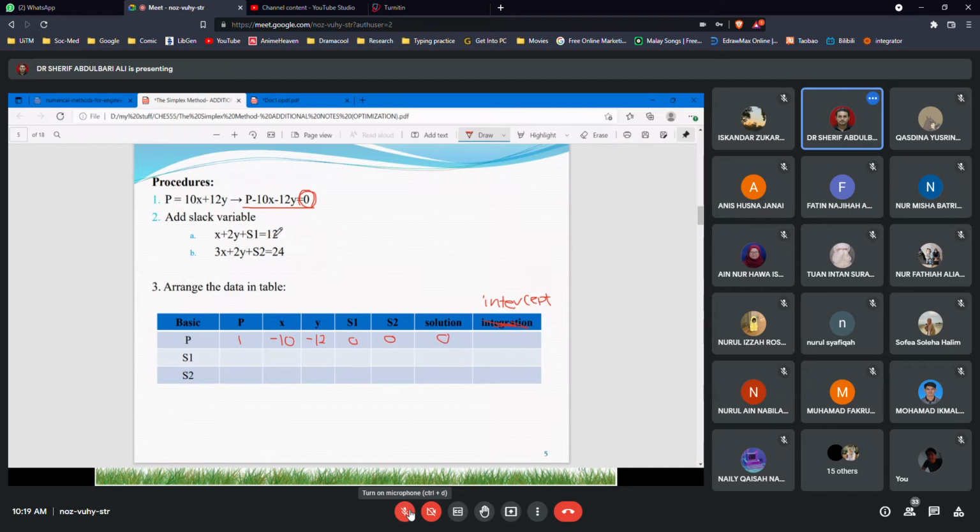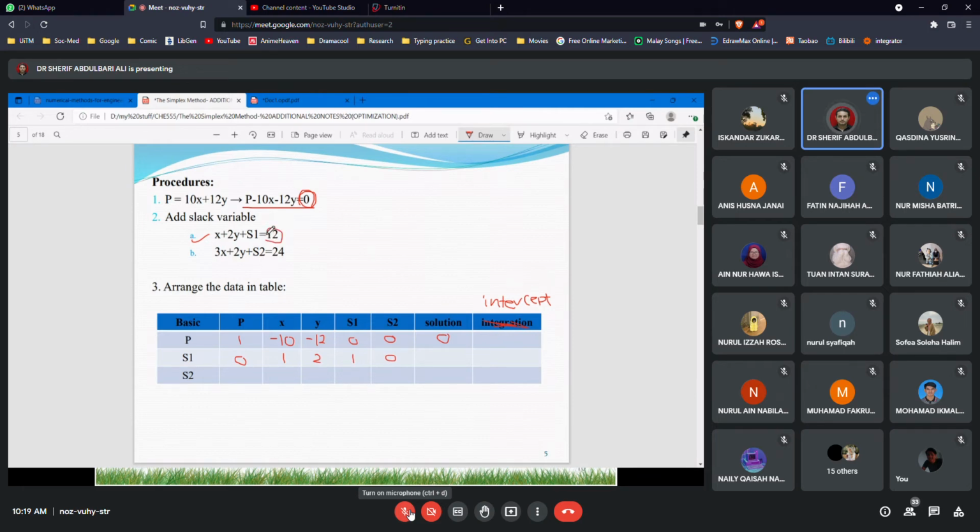Okay. Now we start with the first constraint. Does it have p? No. So it's 0. X is equal to 1. Y is equal to 2. S1, yes, is equal to 1. Does it have S2? No, it's equal to 0. What's the solution?